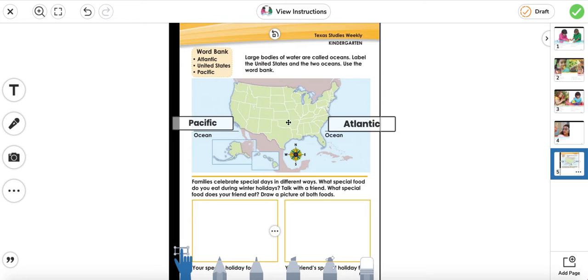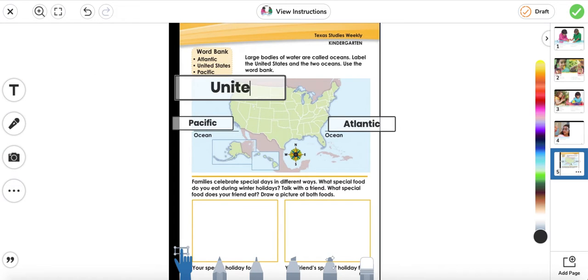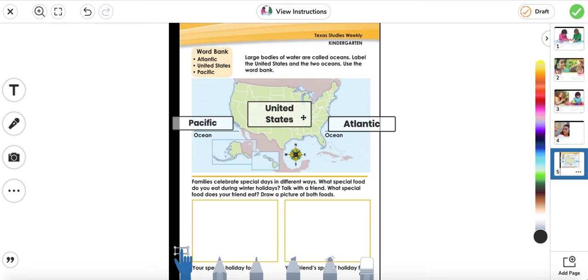And right here we have the United States. And here's the compass. It tells us the directions: north, east, south, west.